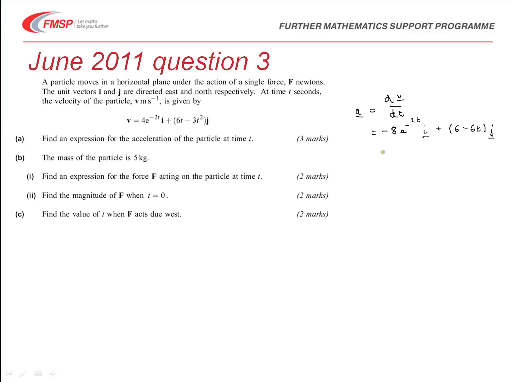We get 3 marks for that part: 1 for using an appropriate method, attempting the differentiation, and then one answer mark for the i part being correct and one answer mark for the j part being correct.